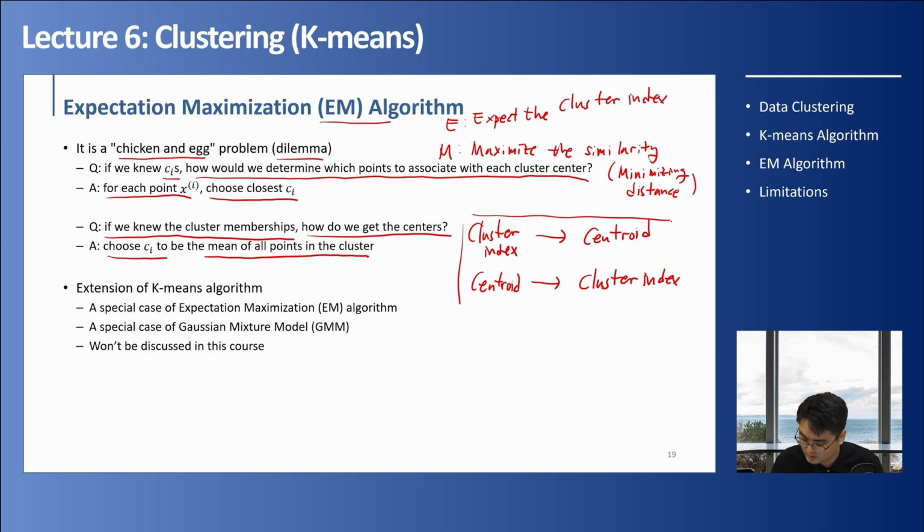So this is something like a chicken and egg problem. We don't know if the chicken is first or the egg is first, and it's something similar here. We don't know if calculating the centroid is first or calculating the cluster index is first. So if we see our k-means clustering from the point of view of this EM algorithm, this is not perfect.